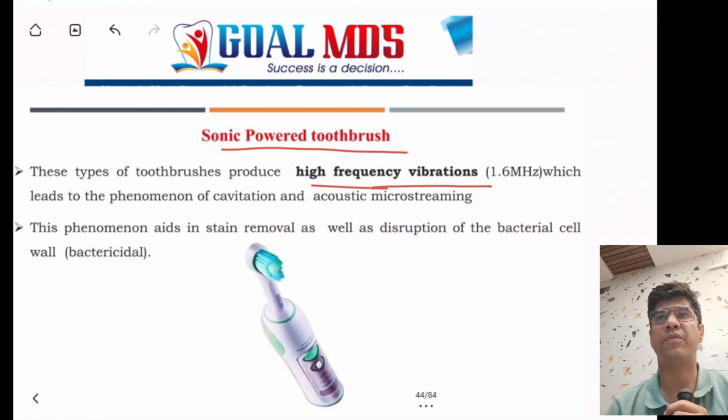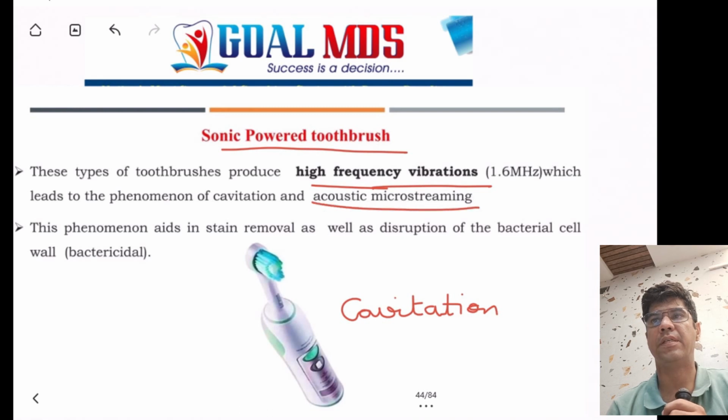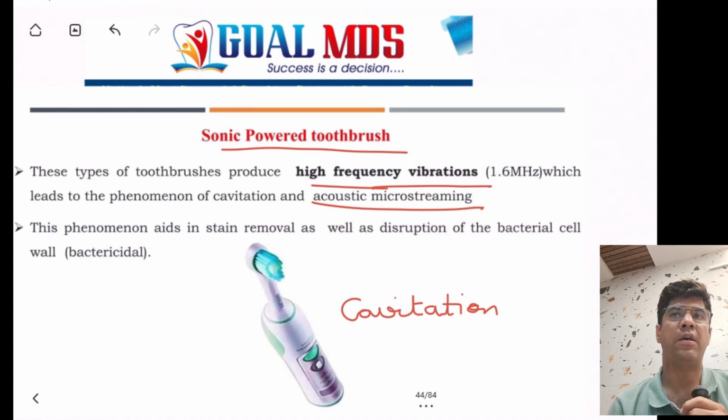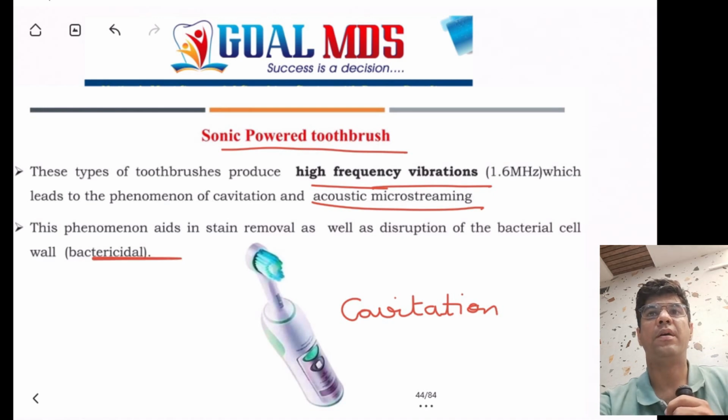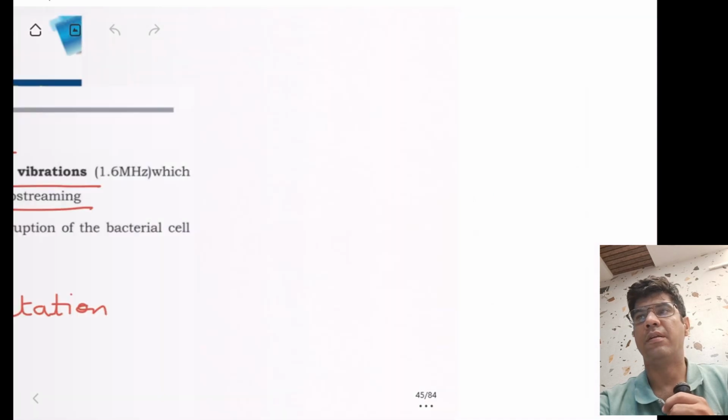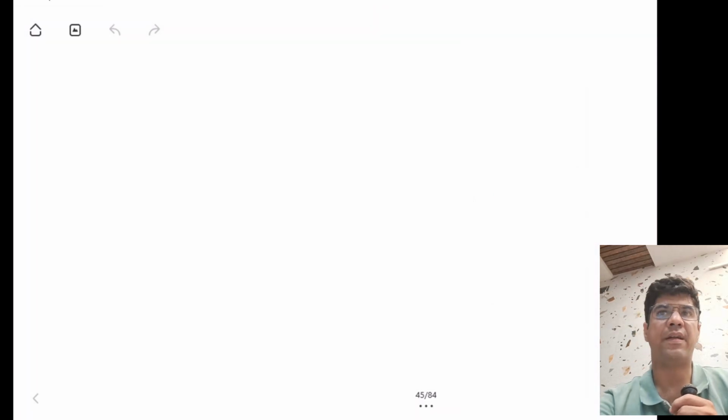The other is the sonic powered toothbrush. This type of toothbrush produces high frequency vibrations that can produce the phenomena of cavitation and acoustic microstreaming. That will help to remove stain as well as disrupt the bacterial cell wall, that is, they have a bactericidal effect.